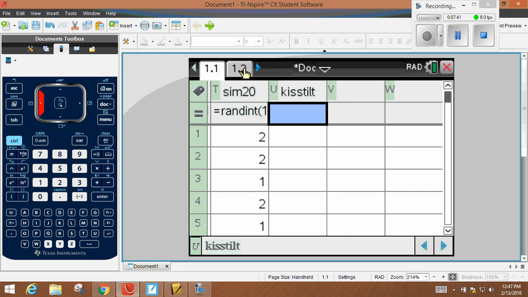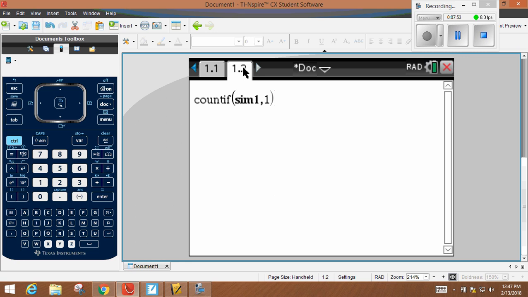All right, so now that we've got that, we've got 20 simulations. I've decided that a 1 is a right tilt. Now let's go ahead and count up how many there are. That could be really hard, except that I've set up a command that will actually count up the number of ones in sim1, and it's that.